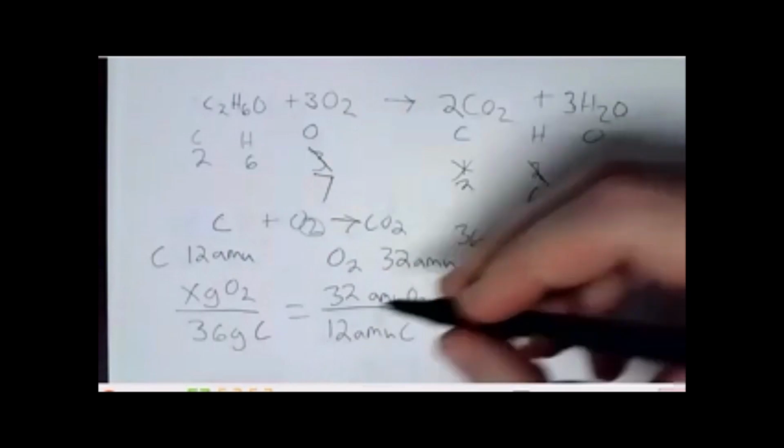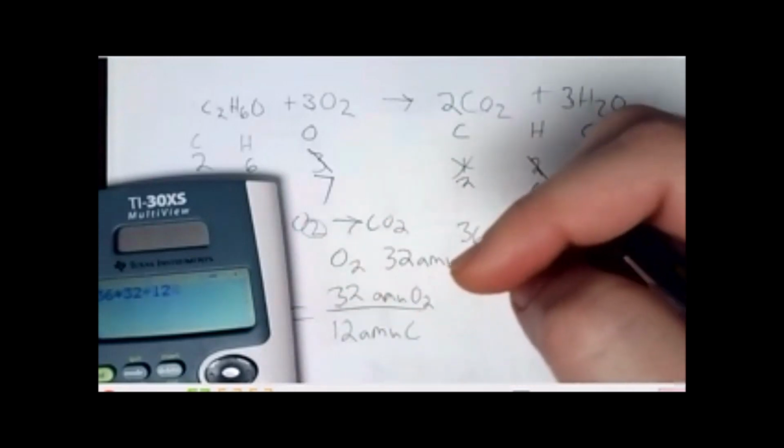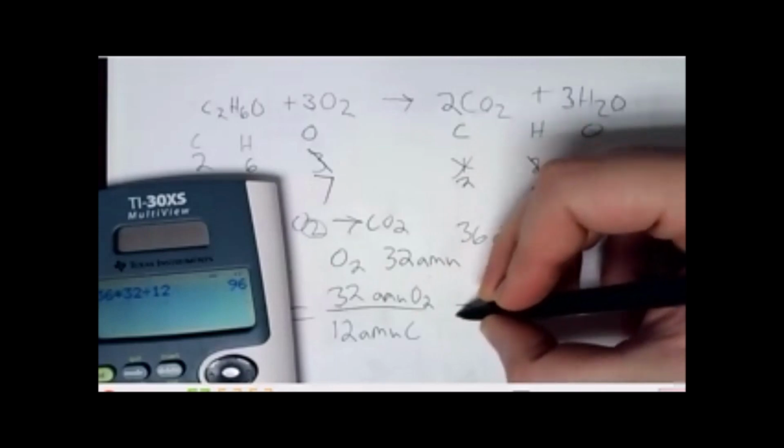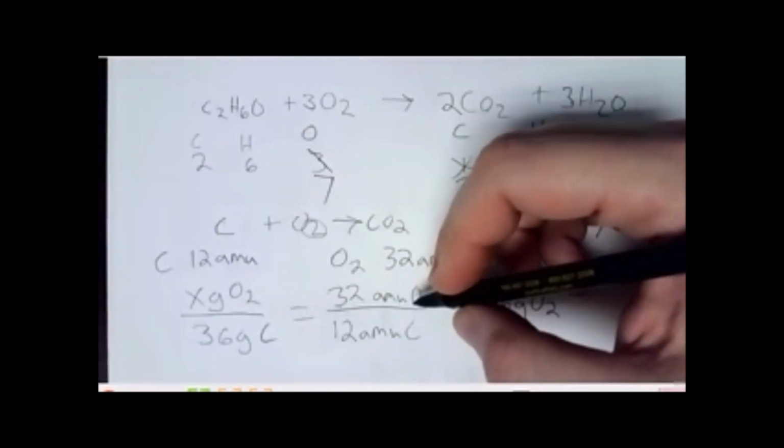Looking at that ratio, cross multiplying, you'll get that 36 times 32 divided by 12 gives you that you would need 96 grams of oxygen to fully burn 36 grams of charcoal. We can use the ratio of AMU to AMU to get grams.